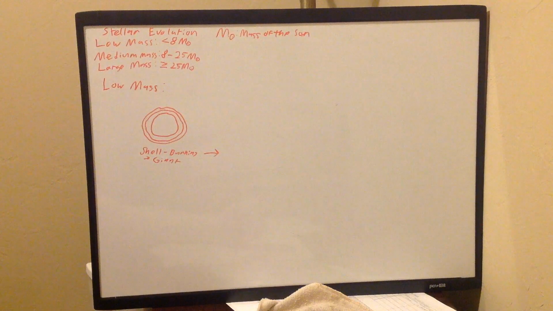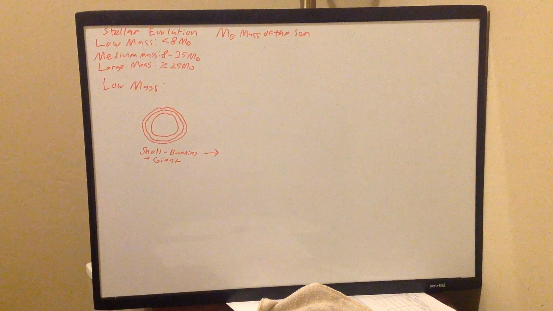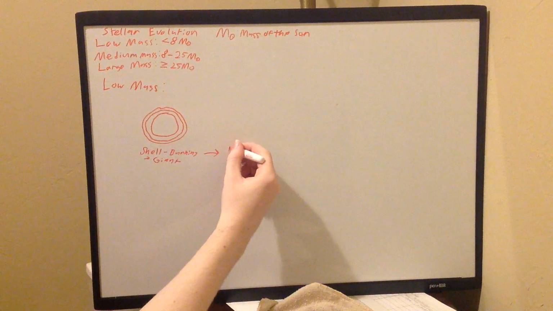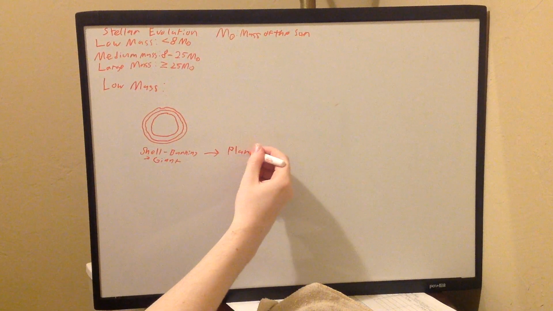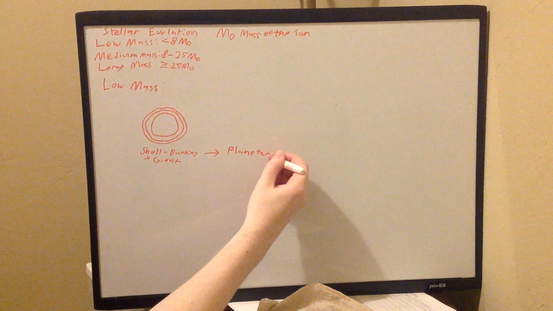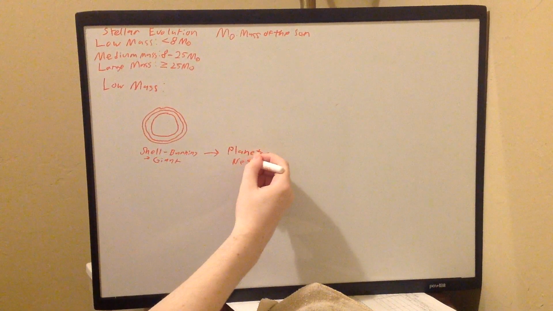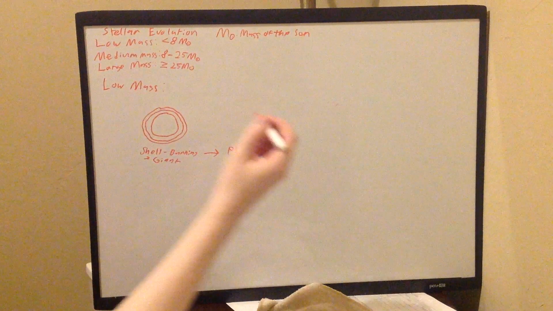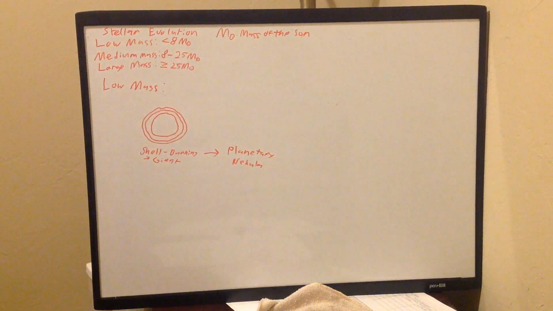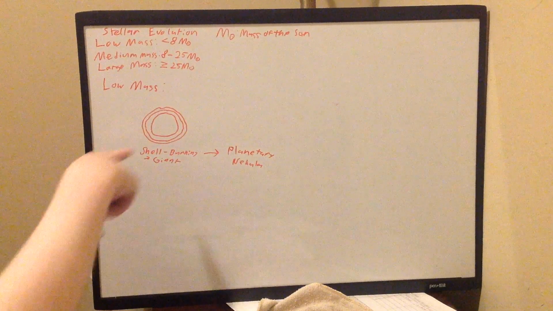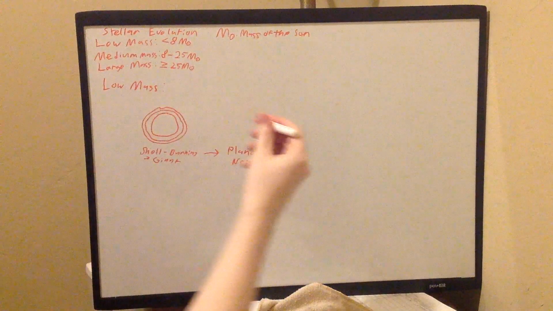And those outer layers will kind of become diffuse. They'll stop being part of the star and they'll just sort of fly off. And this creates a planetary nebula. Planetary nebulae are formed by gas that used to be part of a star, but the star went giant for a long time and it just kind of dissipated. Now it's a nebula. But the core remains.